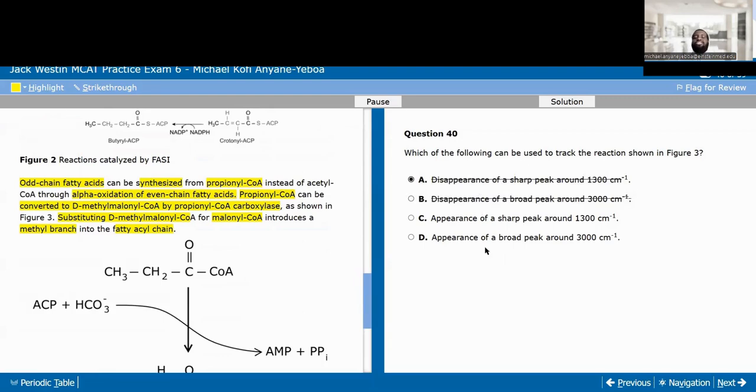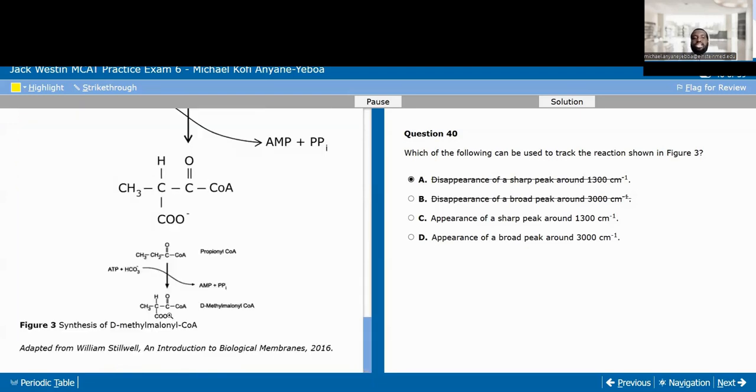Now, the second part has to do with memorization, right? You have to remember what peak is associated with the carboxylate functional group. If it was an ester, then you have to figure out which peak relates to an ester. So let's see.